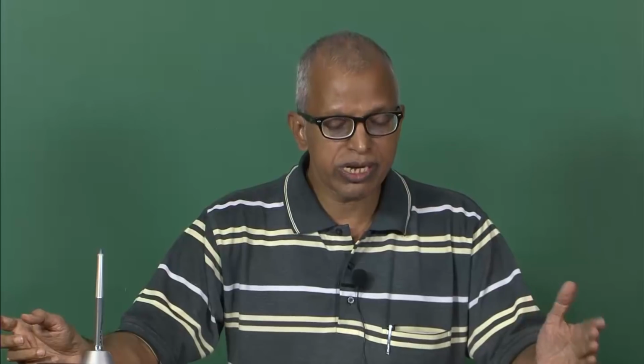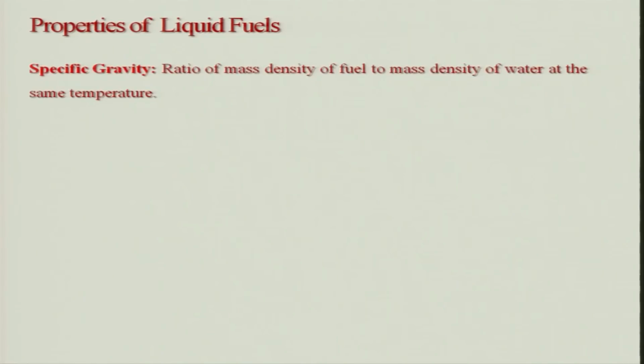A very important property is the specific gravity, because liquid fuel is being used in transportation. So the specific gravity plays a very important role, and it is defined as the ratio of mass density of fuel to the mass density of water at the same temperature.